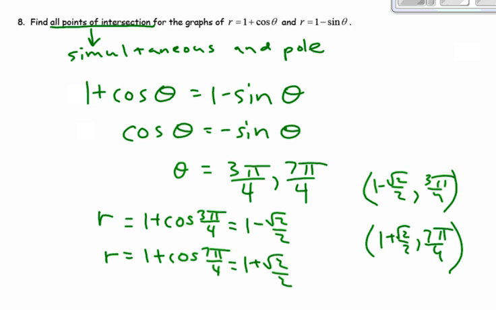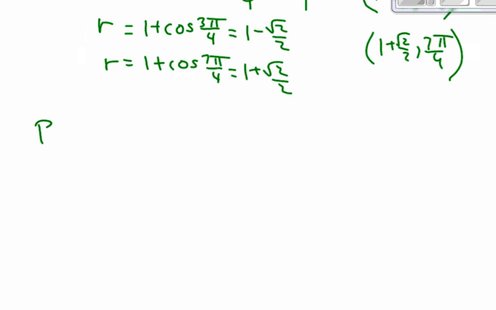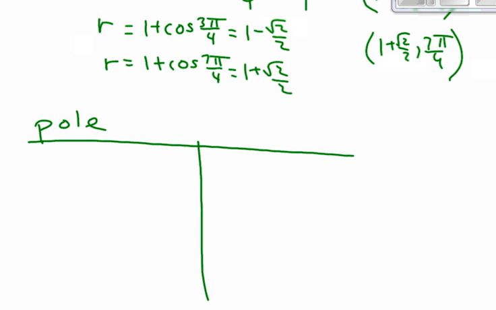All right, so those are our simultaneous solutions, but you have to also check for the pole. To check for the pole, all you have to do is set r equal to 0 in each of your equations and just see if you get a theta. They do not have to be the same theta because they don't have to go through at the same time.